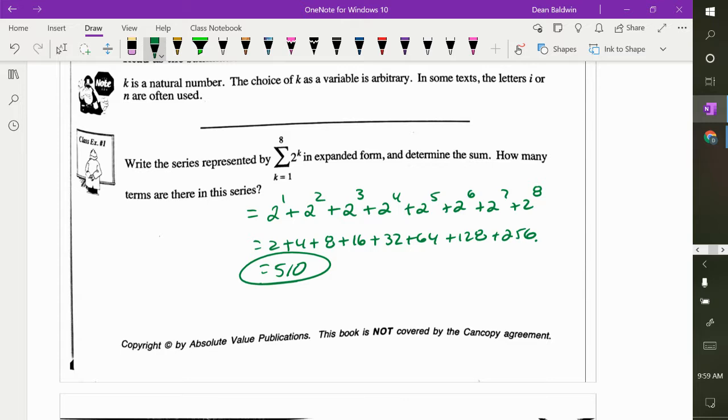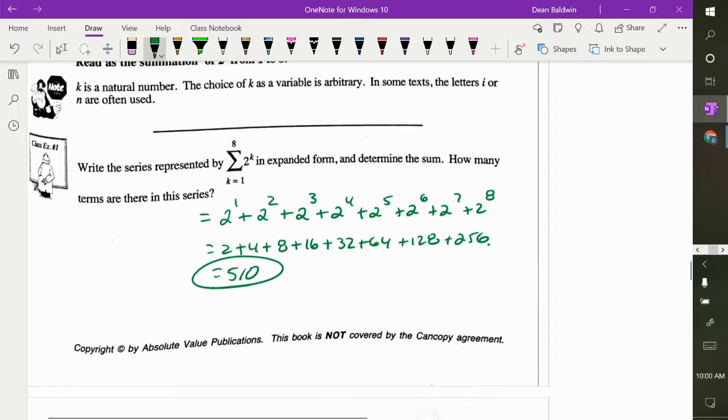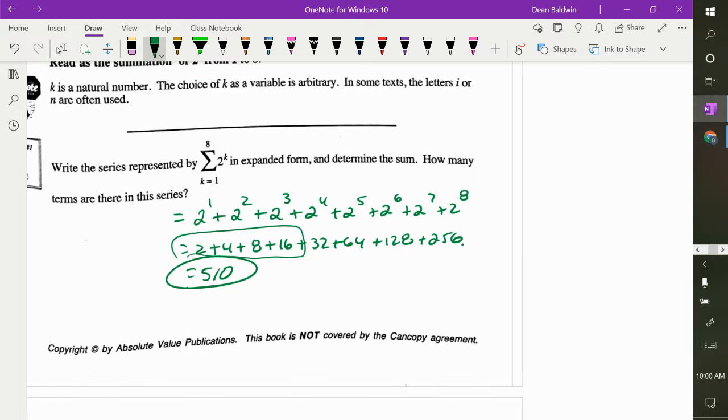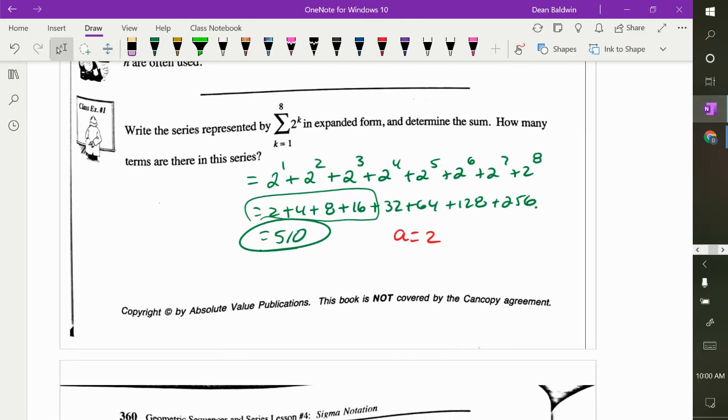All you do is you start with the lower one, you put it into the formula, then you put the next one, all the way up to the upper. And then you add them, because that's what sigma means, sum them all. You could have just figured it out from the first few as a sequence where a is equal to 2, your r value is equal to 2, and you know the last term is 256.